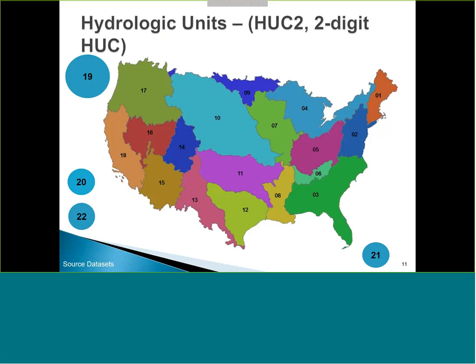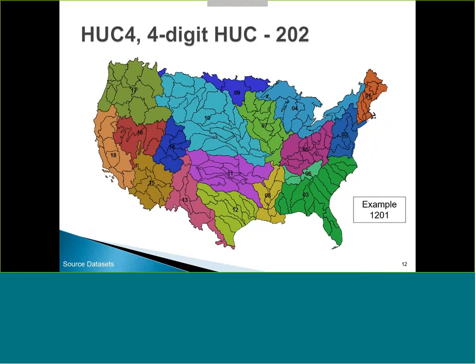Each level of WBD adds 2 digits to the code. So you go from a 2-digit code to a 4-digit code, which is divisions of the 2 digits.